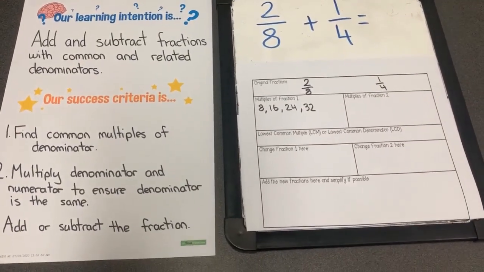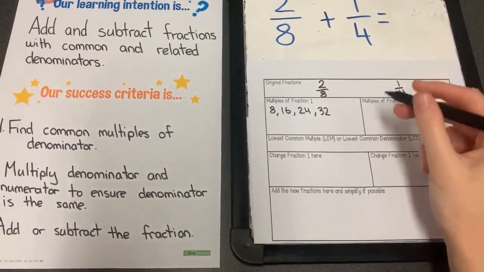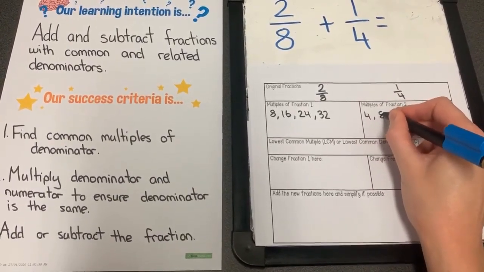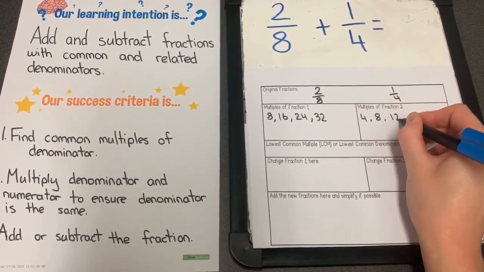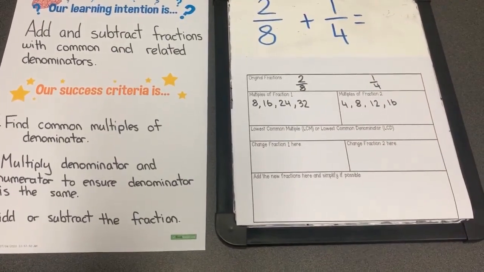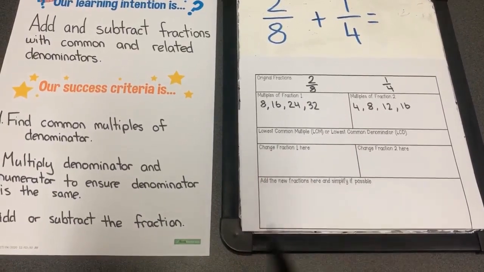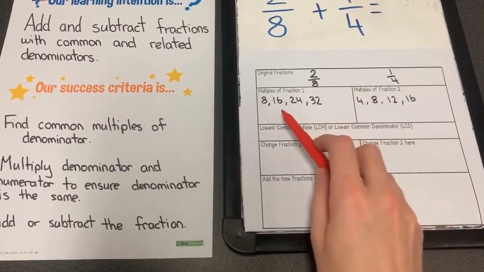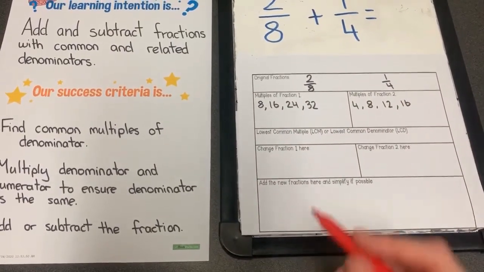I'm going to find multiples of 4. So I'm going to count up in 4s, 4, 8, 12, 16. Now I'm only going to go to about 4 or 5, and I'm going to try and find which number is a common number.